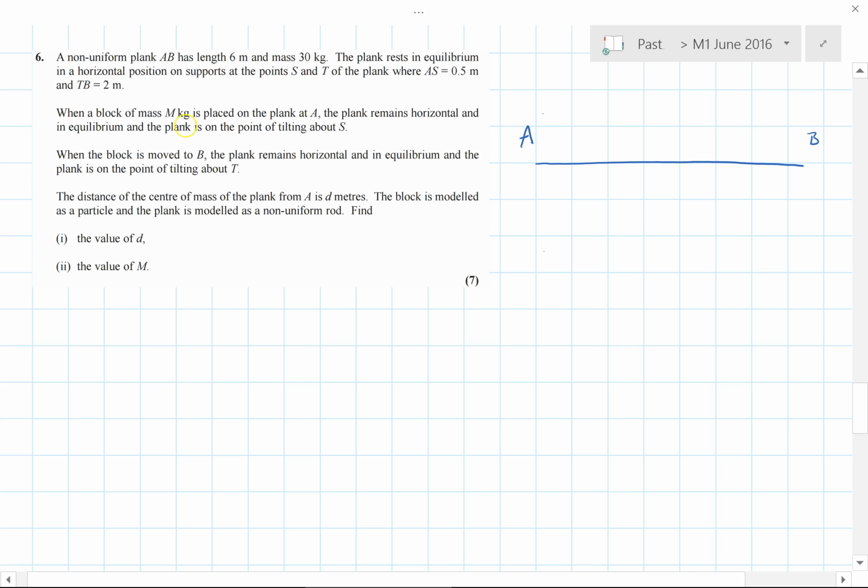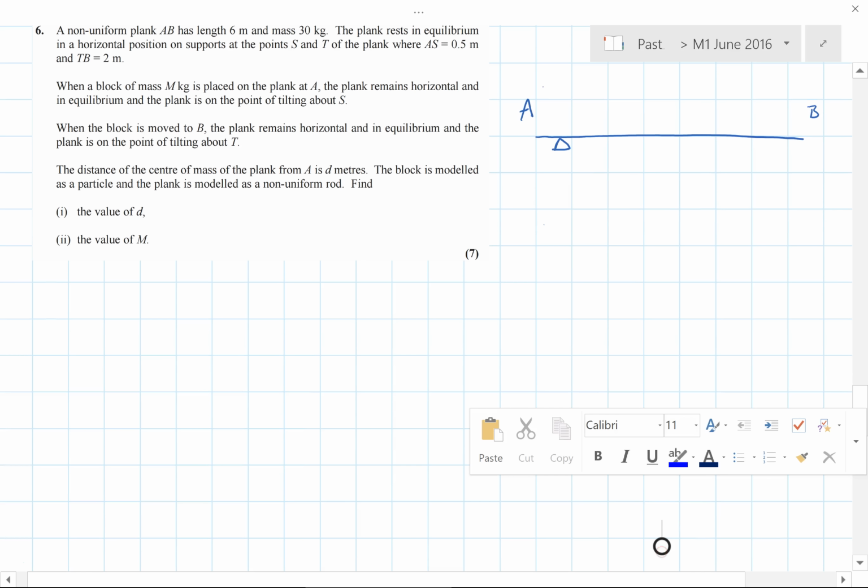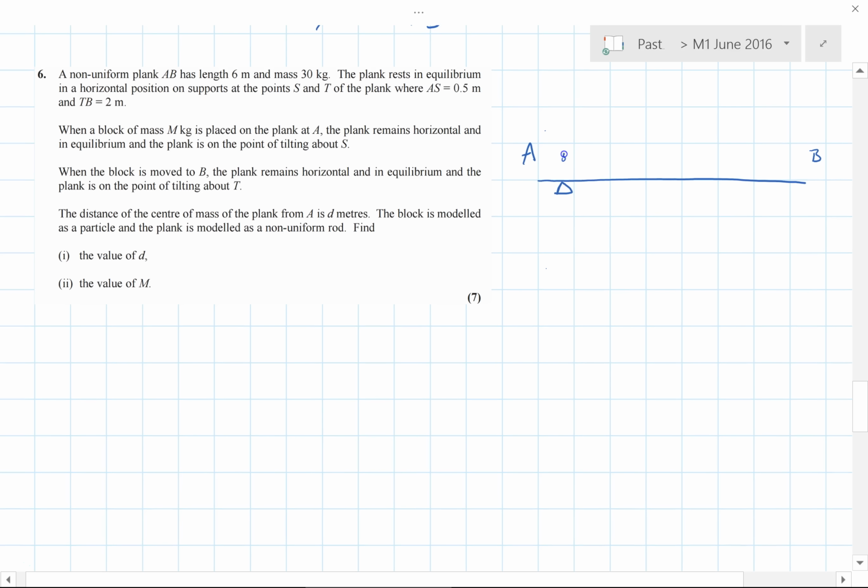It's on two supports, one being 0.5 meters from A. So from A, if we say S is there, let's mark it below because I might be marking a reaction force up there. And then there's another support which is 2 meters from B. Let's put that there, and that's support T. Right, it's non-uniform, so we don't know the centre of mass. We'll mark that on in a minute.